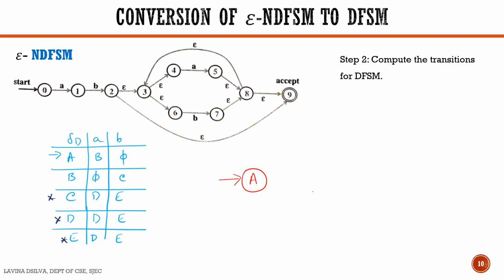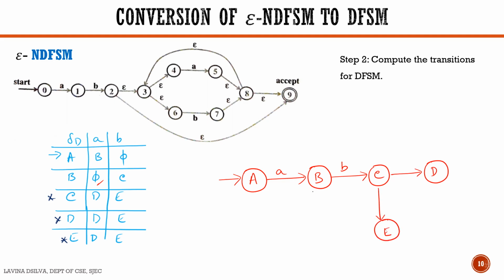We've got the start state A. A on receiving an input A goes to state B. There is no transition for input B. B, there is no transition for A, but on receiving B goes to state C. C on receiving A goes to D, and on receiving a B goes to E. D on receiving A has a self loop, so remains in itself, and D on receiving a B goes to E. State E on receiving A goes to state D, and E on receiving a B remains in itself.